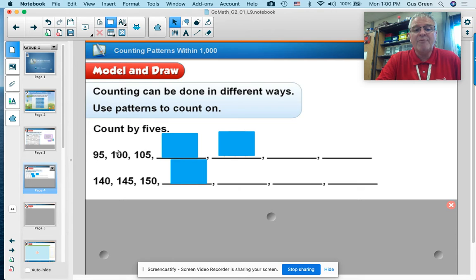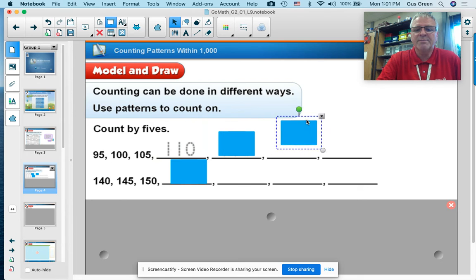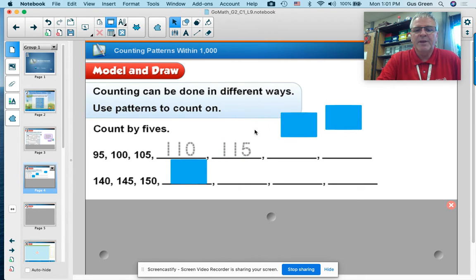Well, 95, 100, 105, and then let me move these reveal boxes out of the way.